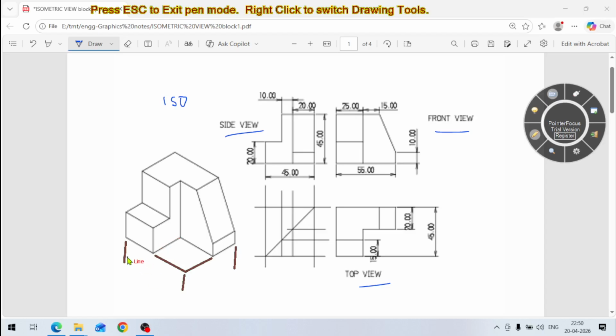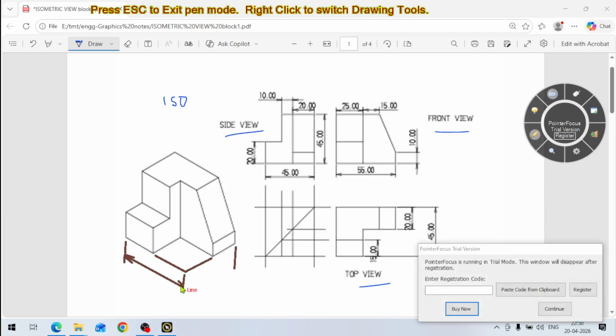This 55 mm from this point to this point, this length is 55. We also have to draw some arrows here like this. These are the arrows like this. Here also, these are the arrows like this.